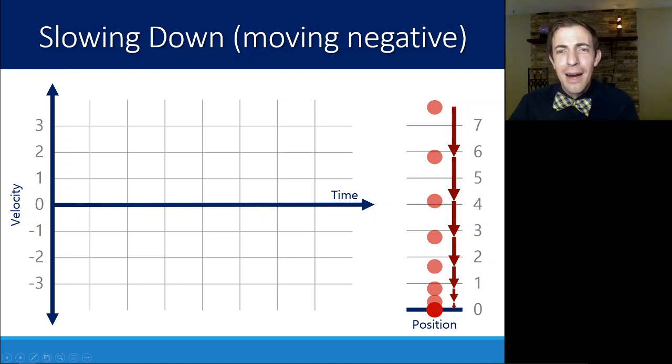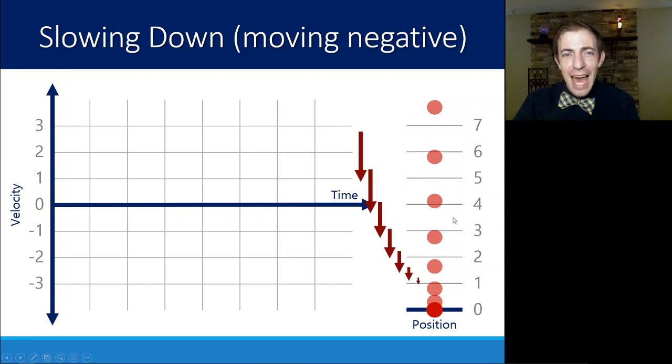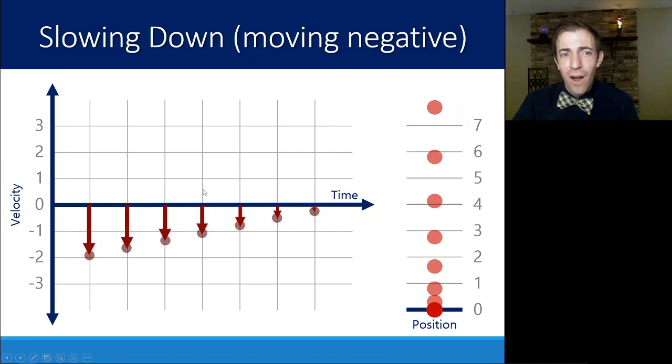That it's slowing down as we decrease here in position, which means that we start out with a large negative velocity, and we end up with a velocity basically 0. To put that into this graph, our large negative velocity and our velocity close to 0 gives us a graph that looks like this.